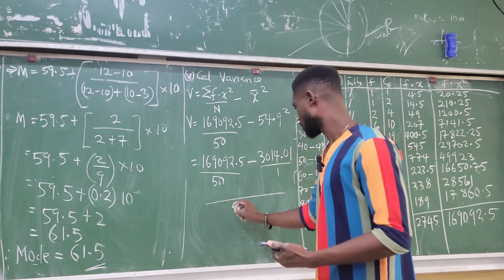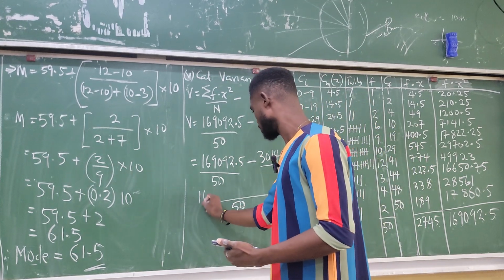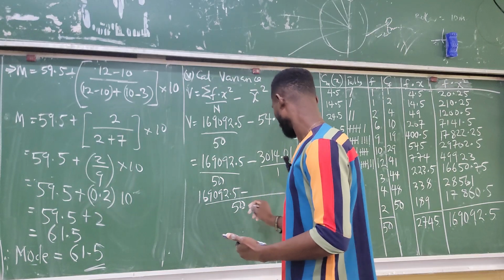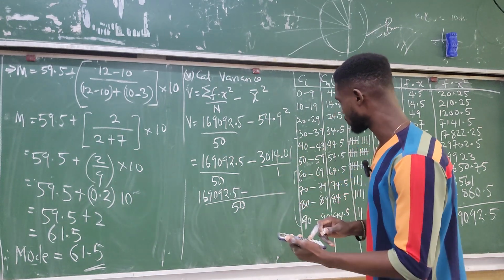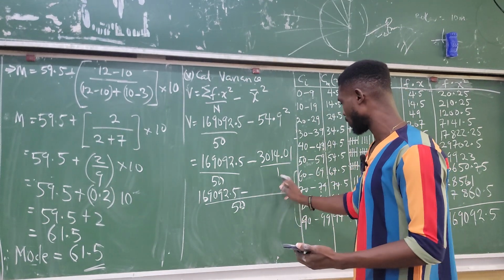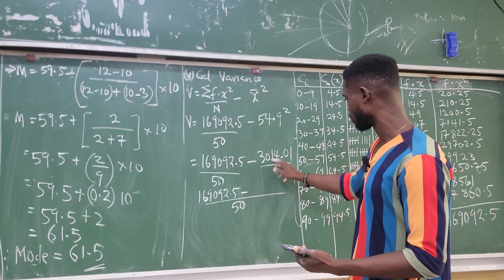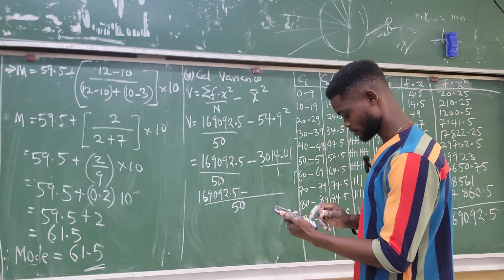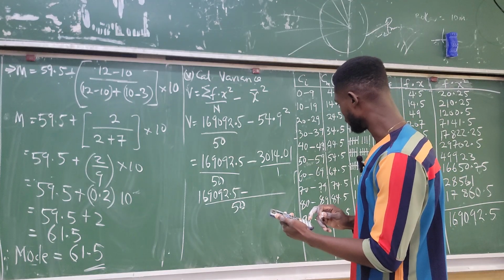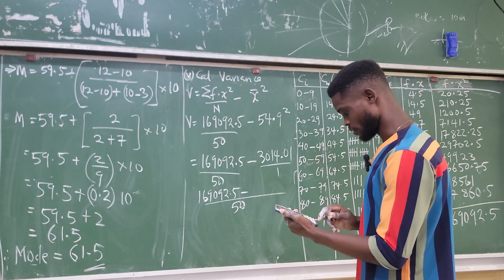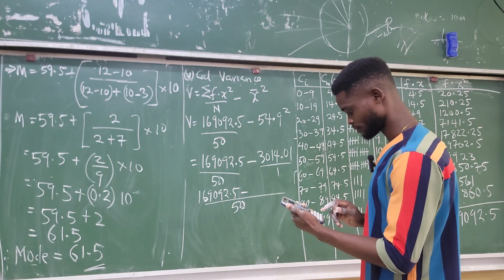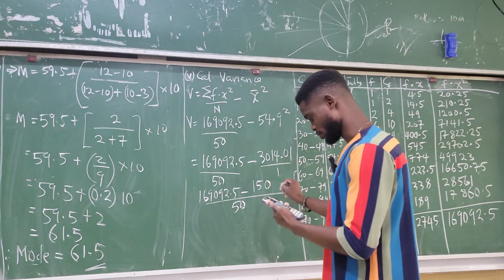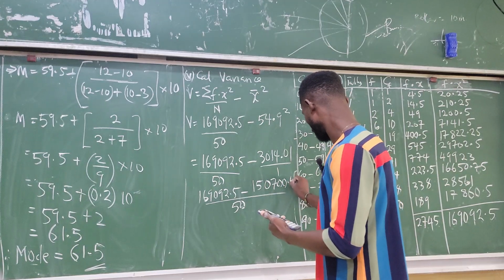LCM is 50. 50 divided by 50 is 1, times it will give you 169092.5 minus 50 times the numerator, that is 3014.01. 50 times 3014.01 gives 150,700.5.